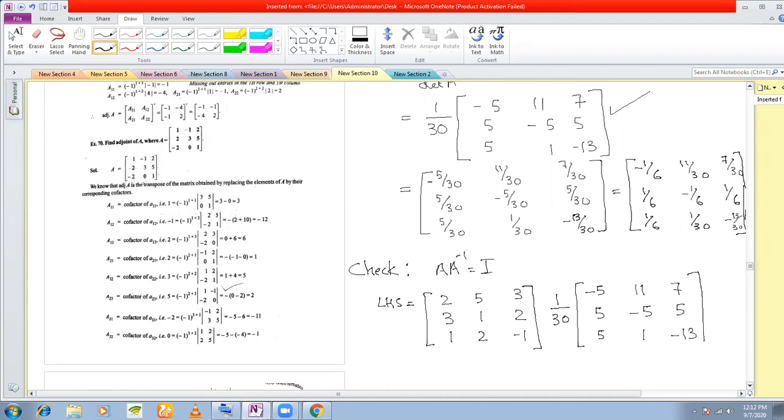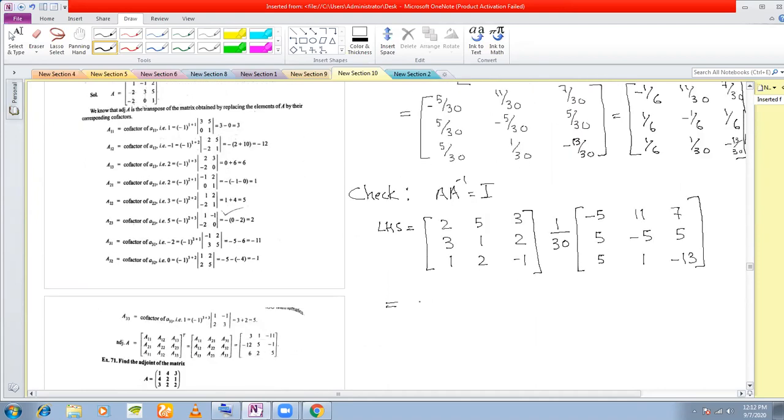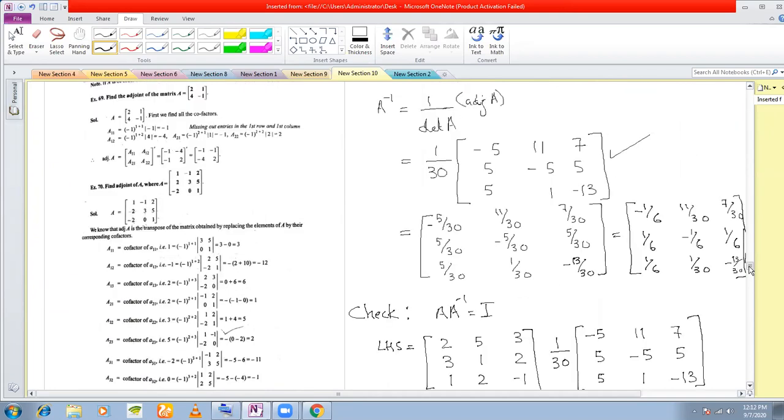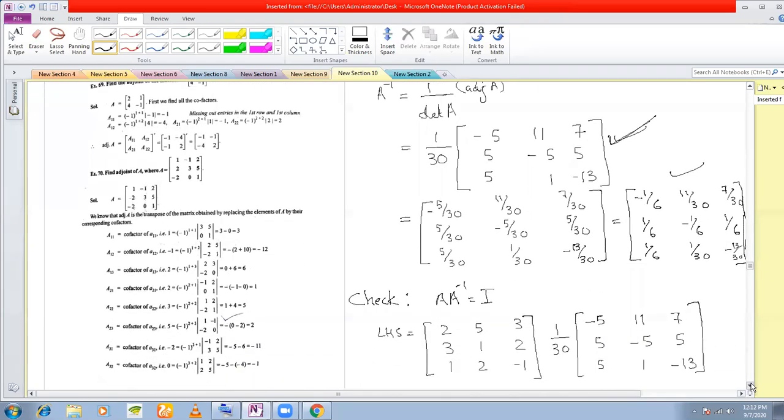Let's check whether, when we multiply these two matrices, we get the identity matrix or not. When multiplying the two matrices, it is always convenient to take this form, because in the fractional form I would have to multiply numbers with fractions, which would be very tedious.